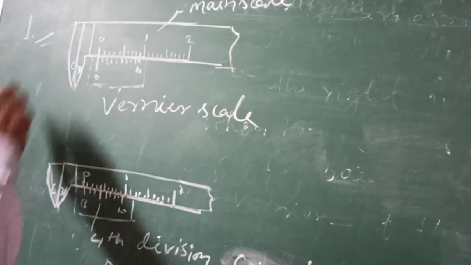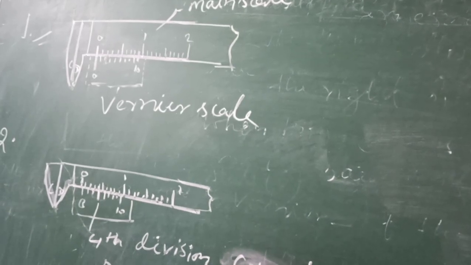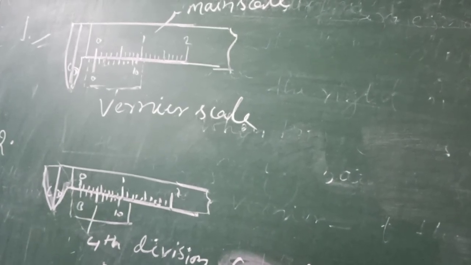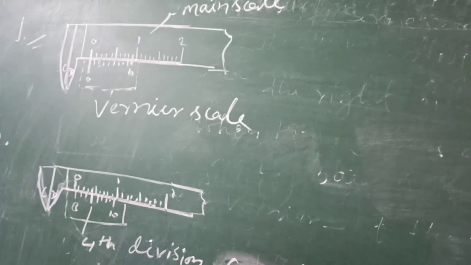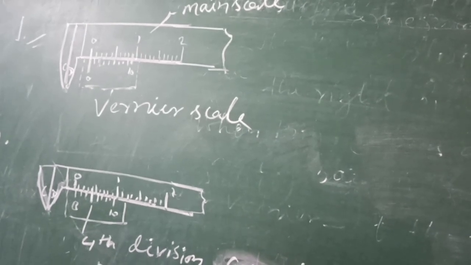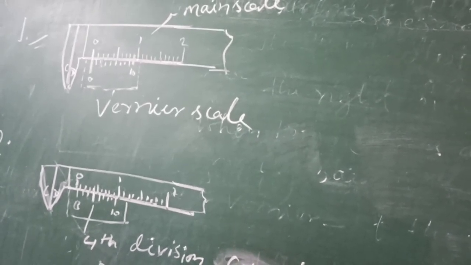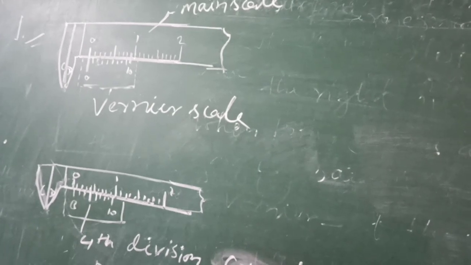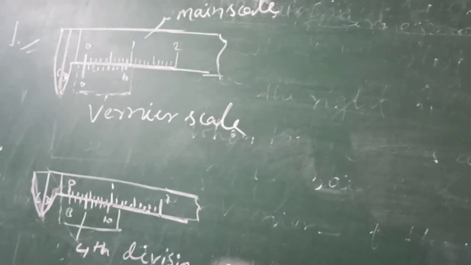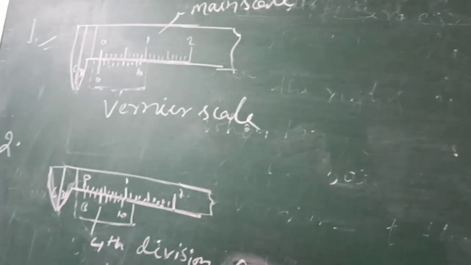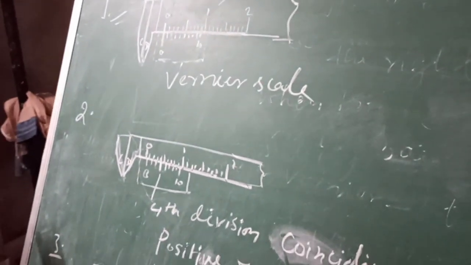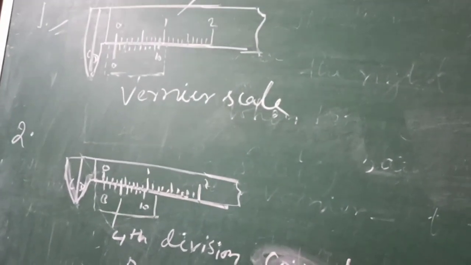In this figure, if the zero mark of the vernier scale coincides with the zero mark of the main scale, in this position the 10th division of the vernier calipers coincides with the 9th division of the main scale.